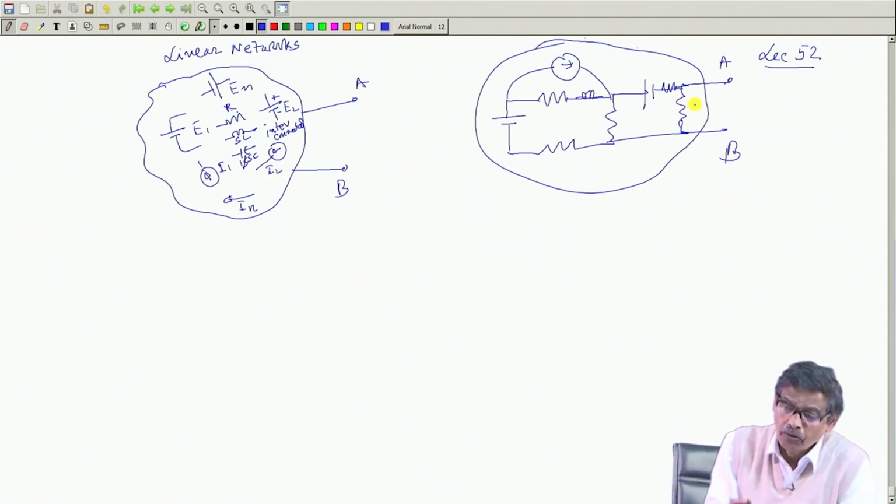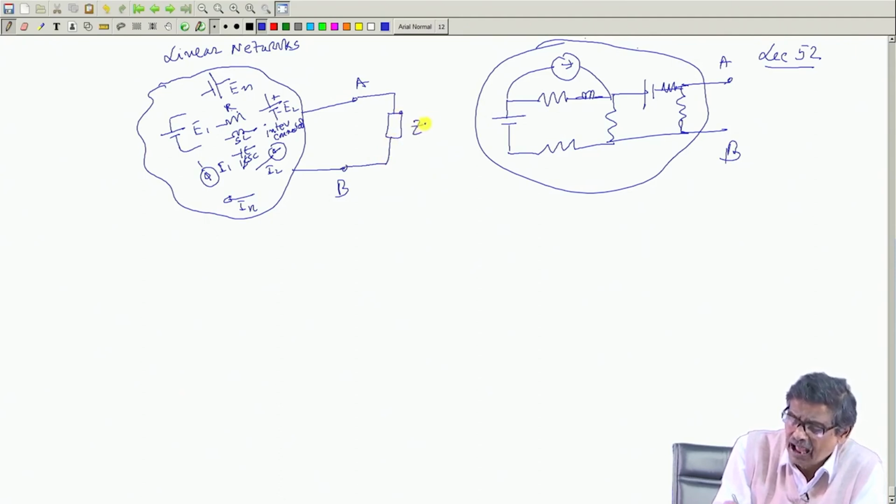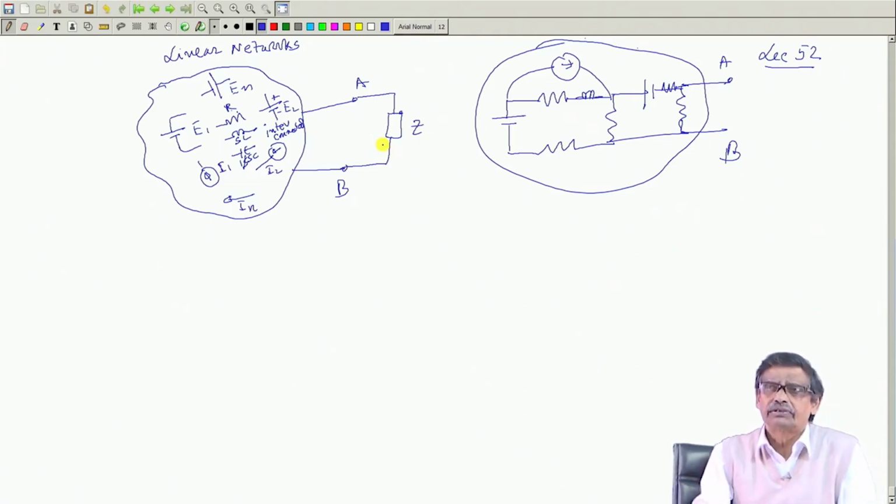Now, across AB an impedance is connected, Z(S), or Z. I will simply write Z. In general, it will be Z(S), all the voltages are V(S), current sources are I(S).